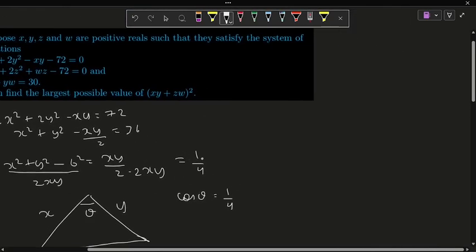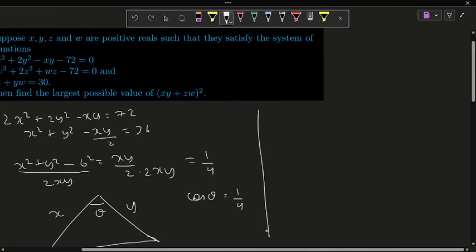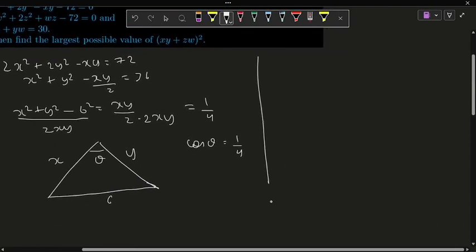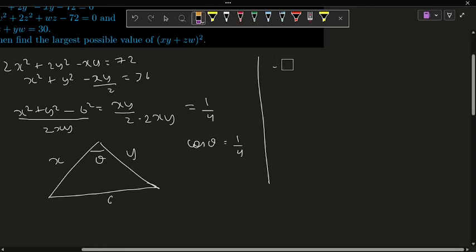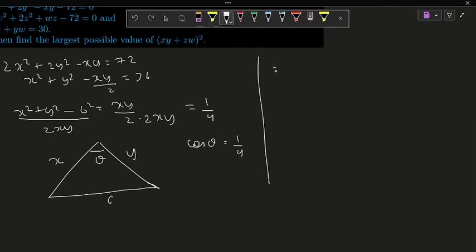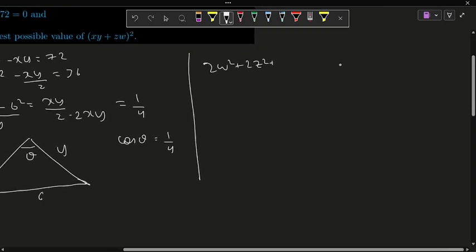And similarly, the second equation is simply symmetric to this, only we have a plus wz here, 2x squared plus 2y squared plus w of z. Oh, my bad. I am very obsessed with x and y's. 2w squared plus 2z squared plus wz is equal to 72.